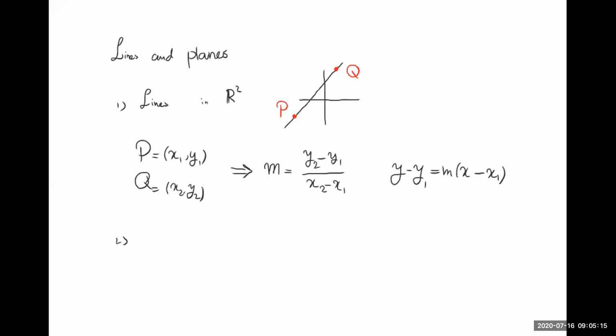The second step is to look at a line in 3-dimensional space, which I would show with a line in R3. Now, in 3-dimensional space, there are usually 2 common ways to present a line. One is the parametric equation.